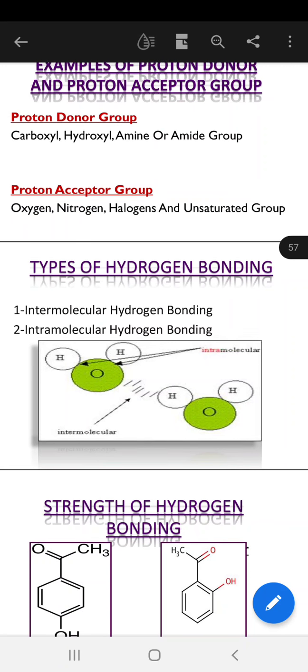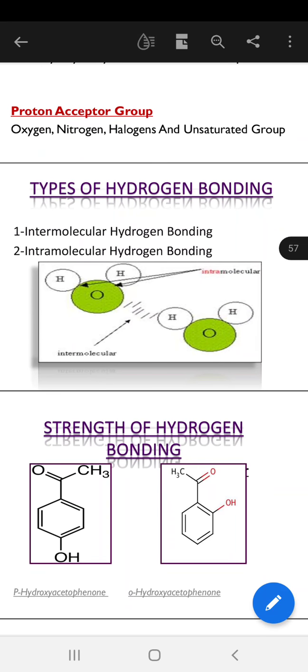Mainly there are two types of hydrogen bonding taking place, intermolecular and intramolecular. In the figure you are seeing the molecule of water, H2O.